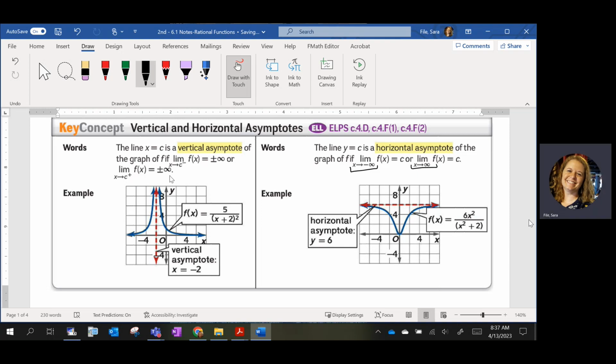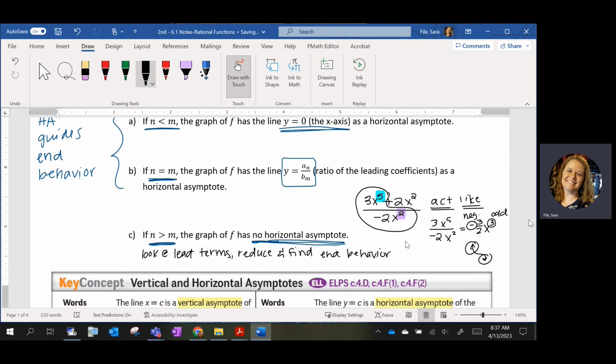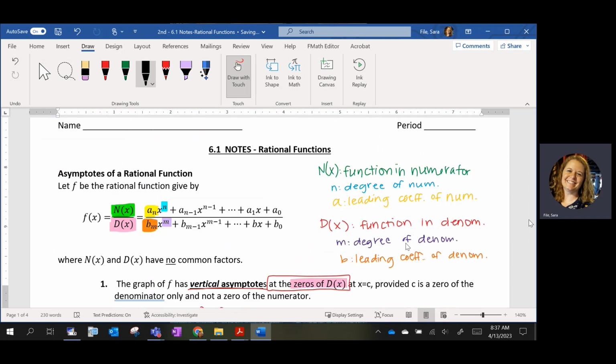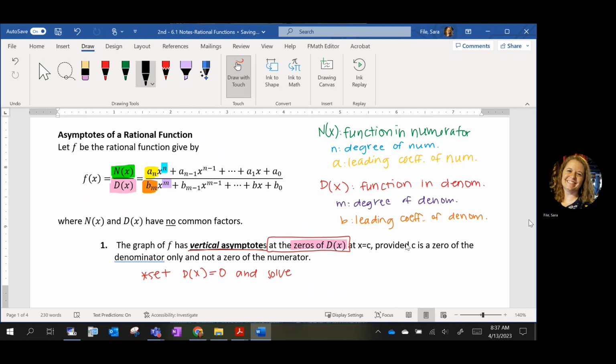So your vertical asymptotes will affect the behavior around that at a specific number, but the horizontal asymptote affects the behavior at the ends when x is going to positive and negative infinity. Cool. That's something I might add up here, just where we are talking about asymptotes.